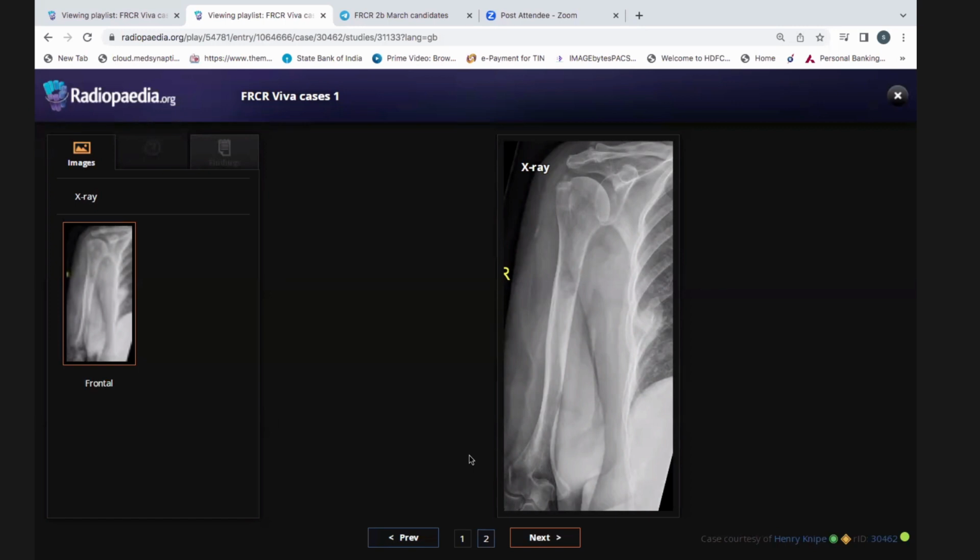So I'm worried it could be fibrous dysplasia. But this is a 70-year-old patient, so I'm worried about a metastatic lesion, because of this rib lesion, I'm worried of metastasis.